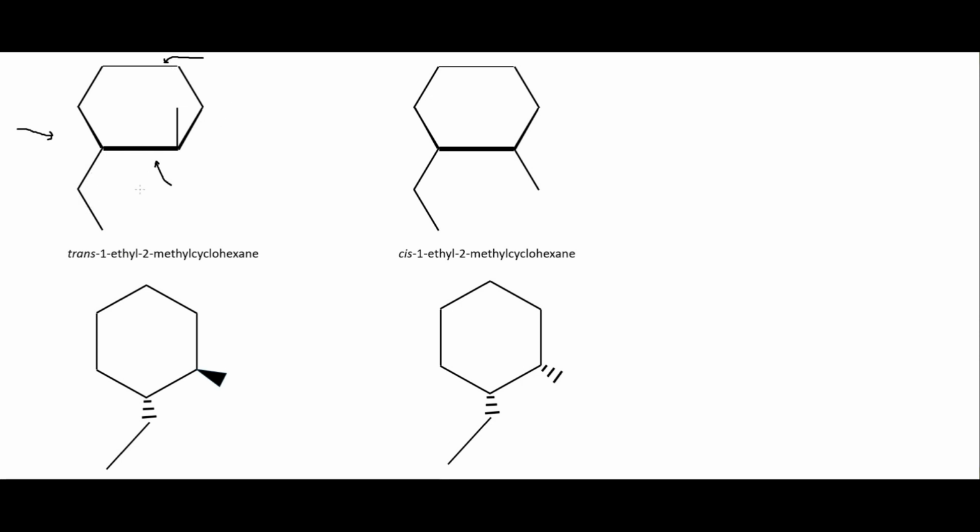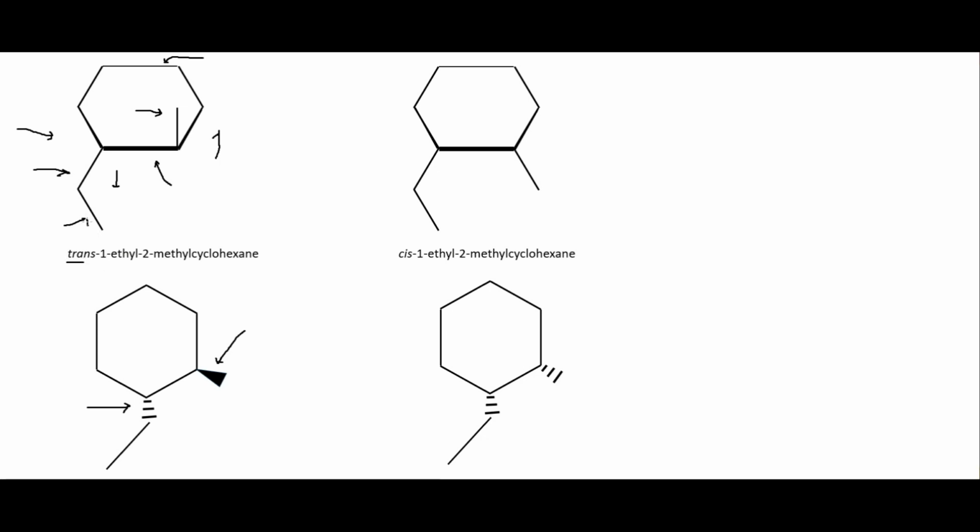So we have trans where we have one coming down and one going up. If we want to look at it from the top, we can think about it this way, where this wedge is coming out of the screen, and this dotted wedge here is going into the screen. Because they are sticking up and down, in different directions, we call it trans.